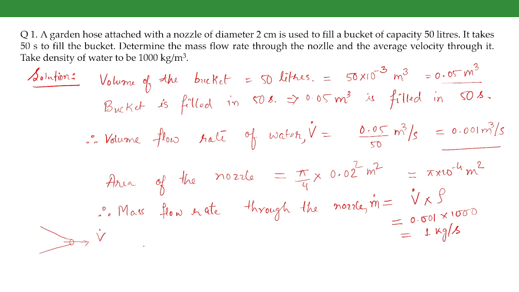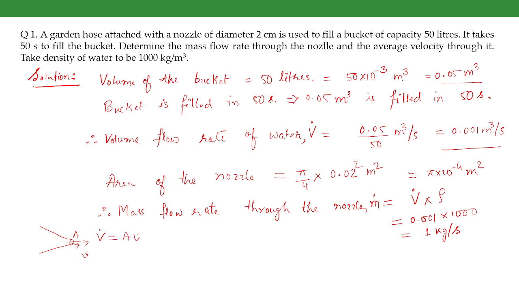Essentially we can say that this area multiplied by the average velocity of water at this cross section, let us denote it as small v. So this area A multiplied by this average velocity at this cross section will give the volume flow rate.